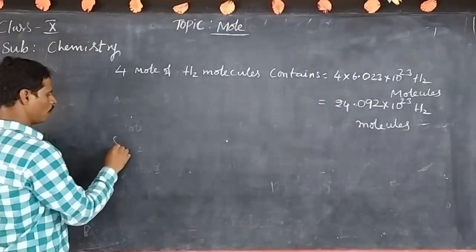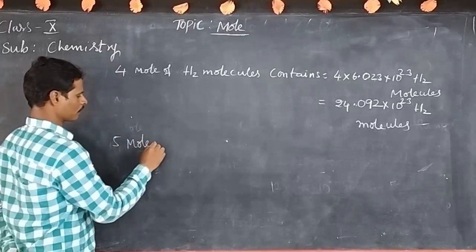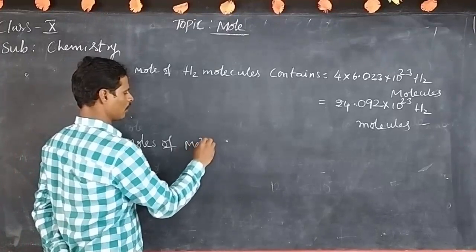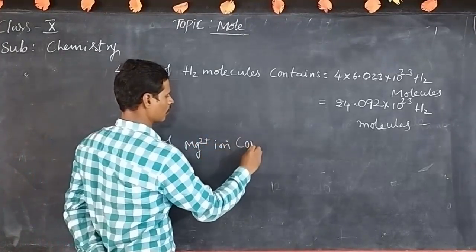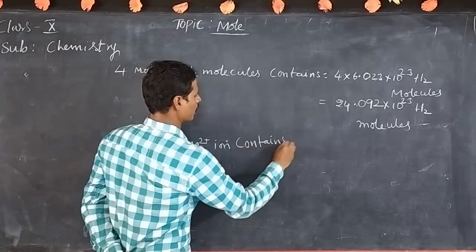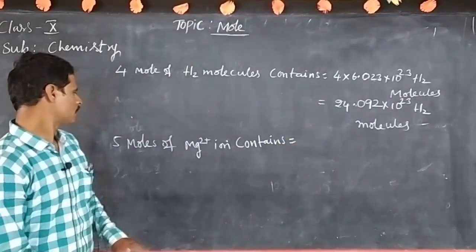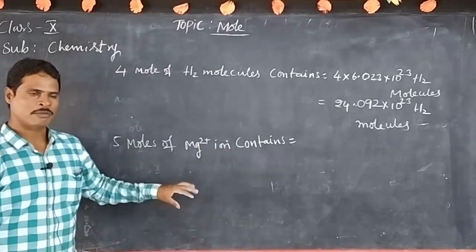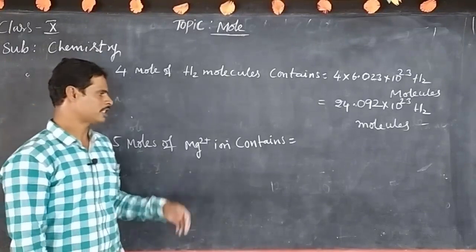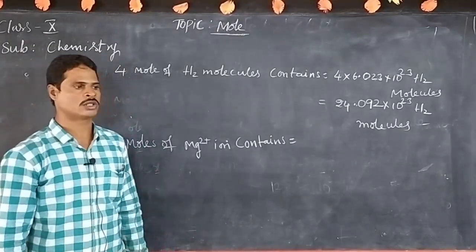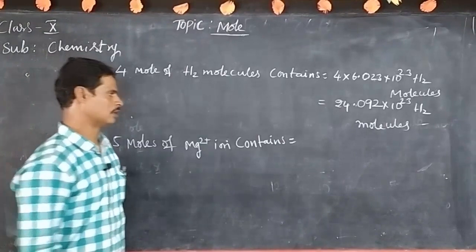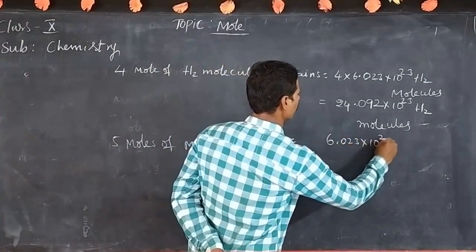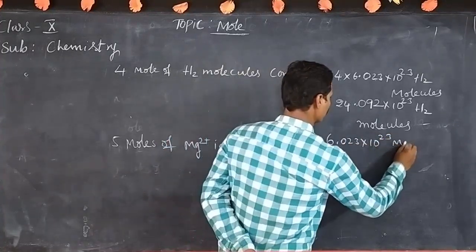Another one, 5 moles of magnesium ion contain how many particles? We know that 1 mole of magnesium ion contains 6.023 into 10 to the power 23 particles, that is magnesium ions.